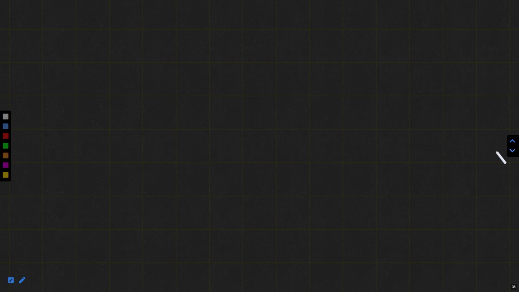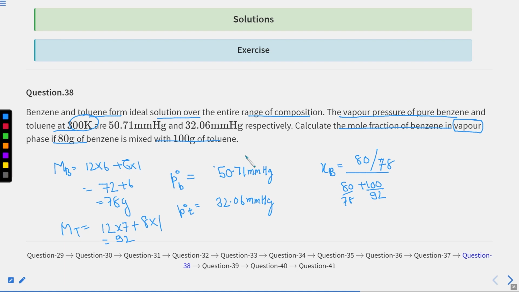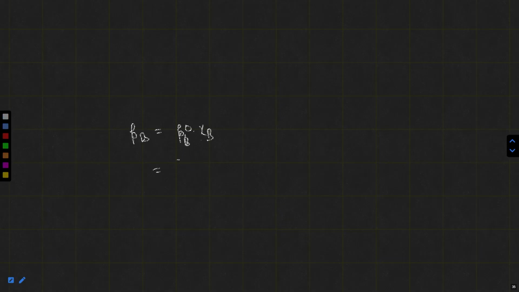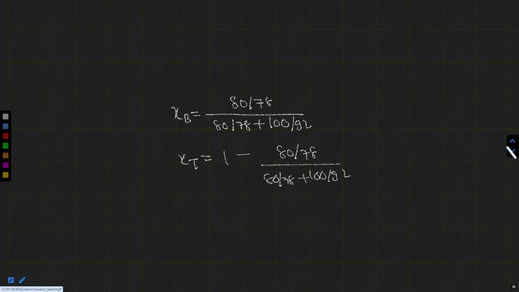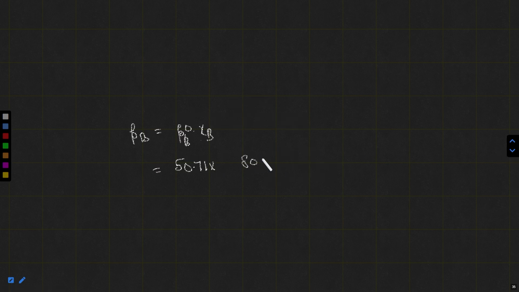Okay, right? So we can calculate the partial pressures. Pb is equal to P naught B times chi B. We know this formula. P naught B is given, that is for pure benzene, it is 50.71 multiplied by chi B, which is 80 by 78 divided by 80 by 78 plus 100 by 92.